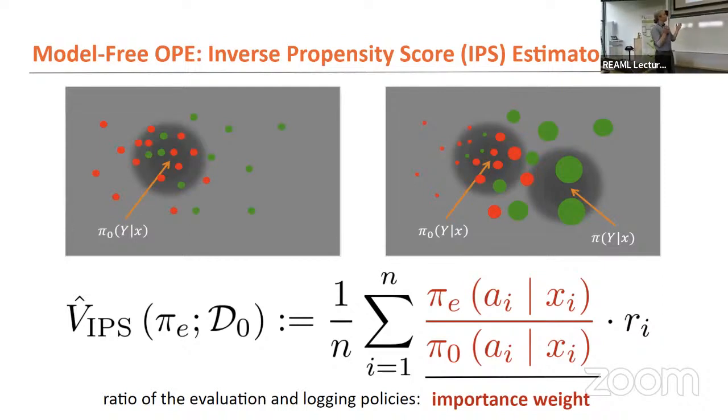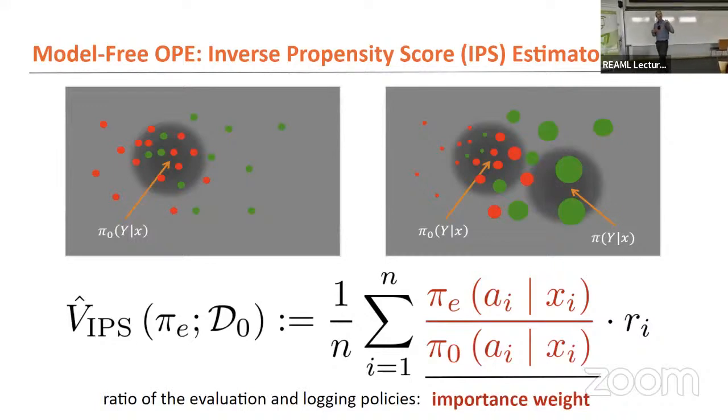If you're directly estimating, let's say, pi null's value, and you have data from pi null, then that importance weight term is the ratio of the two probabilities of the chosen action under the logging policy and under the policy that we want to evaluate. Like in an online setting, that evaluates to 1. It's the same number in both the numerator and the denominator.